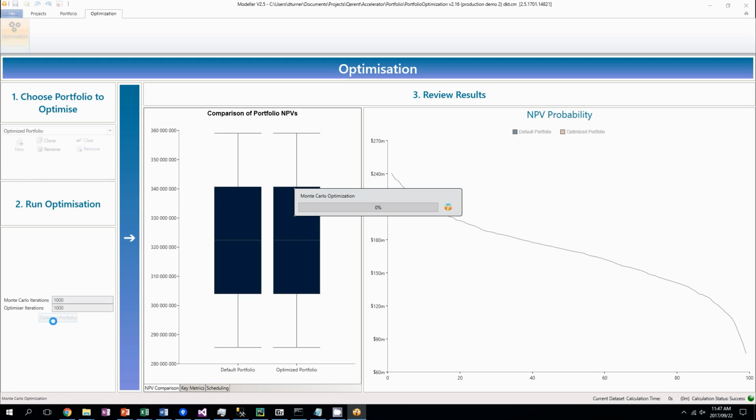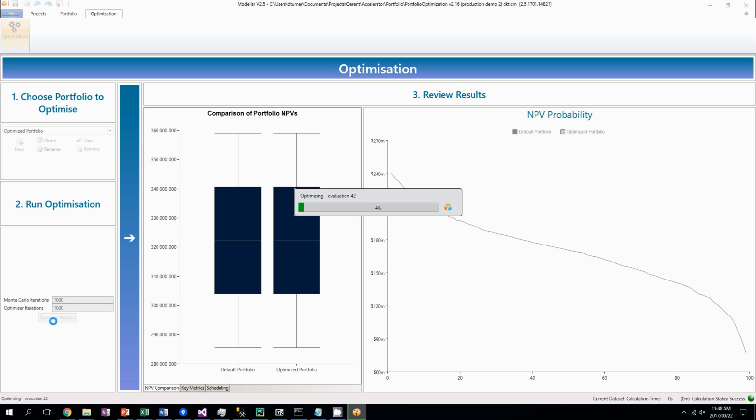And what the optimizer will do is, using a combination of Monte Carlo simulation and a search through the various permutations of portfolios, it will look for the highest NPV portfolio that satisfies all of the constraints we set up earlier on. Now, this process will take a few minutes for the machine to run, but for a large portfolio of projects, it is far more efficient to do this by computer than by hand.